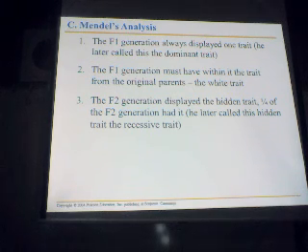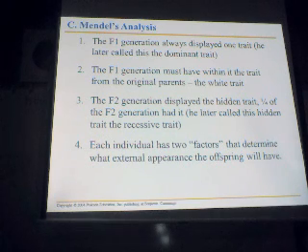So when he crossed the F1 generation by itself, our F2 generation displays that hidden trait in the ratio of 3/4 of the dominant one to 1/4 of the recessive. He also determined that each individual has two factors, as he called them, that determine what appearance the offspring will have.